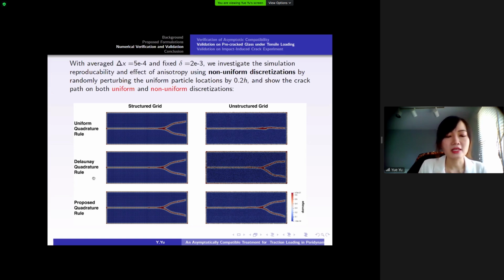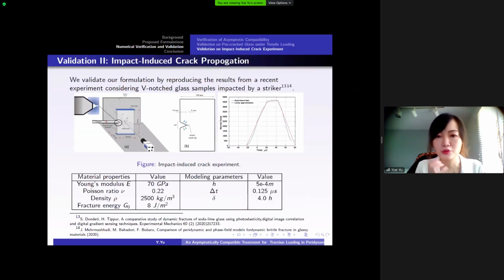The second method is the Delaunay quadrature rule, where you need to generate a triangular mesh, and the quadrature weight is basically the area of each triangle. So it requires some meshing, but it does give a consistent damage map when using non-uniform discretization. And lastly is our method. Our damage map is also reproducible.